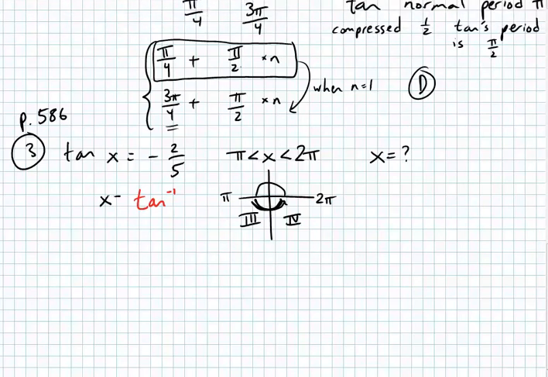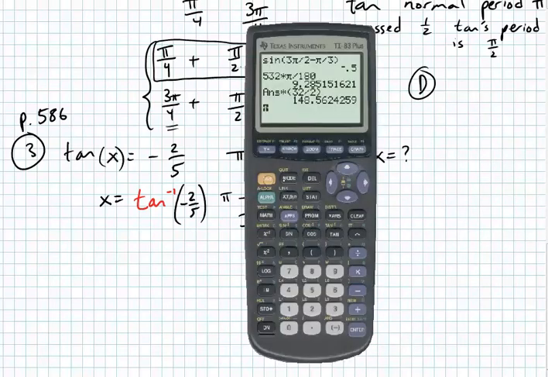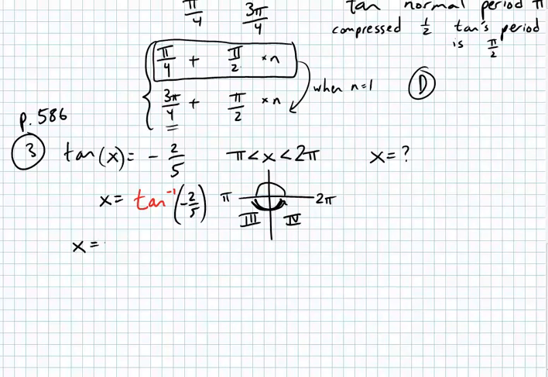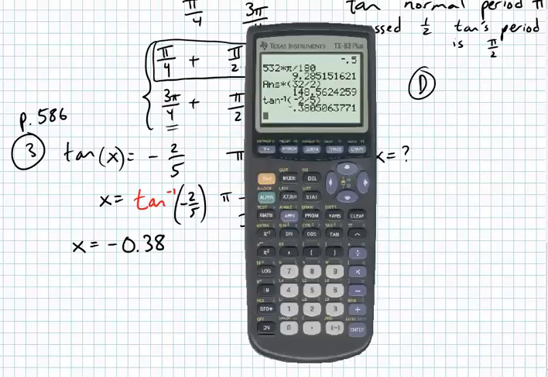So to move tangent from one side to the other, let's use inverse tangent of negative 2 over 5. And that gives me one of the answers. x is negative 0.38. Probably that's going to be the only answer.